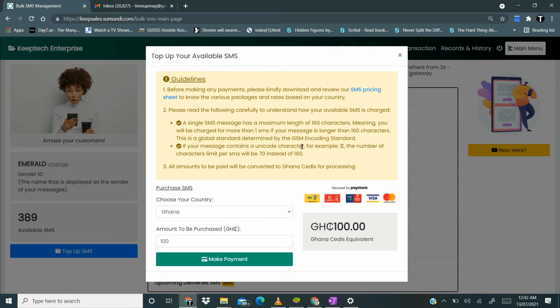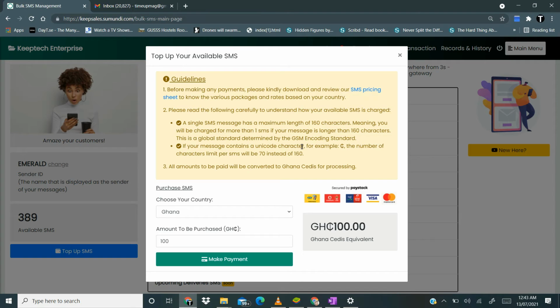What it basically means is every SMS message has a maximum length of 160 characters. So a full stop is a character, an alphabet is a character, a number is a character, and even a space is a character, a punctuation is a character, a symbol is a character.